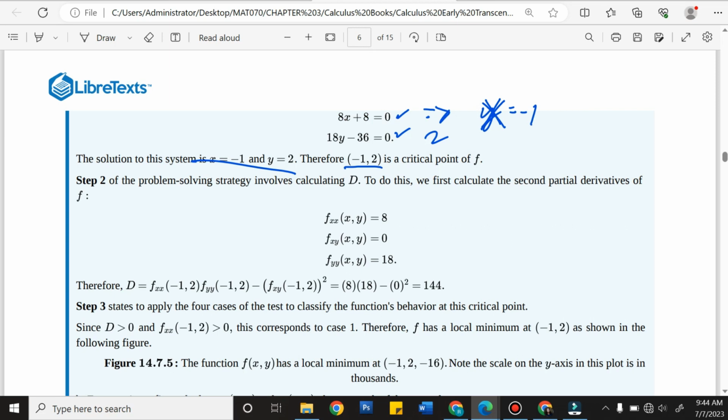Instead of 18y minus 36, you will only have 18. Since the mixed partial f of xy is 0, take note that the point we evaluate at is negative 1, 2.